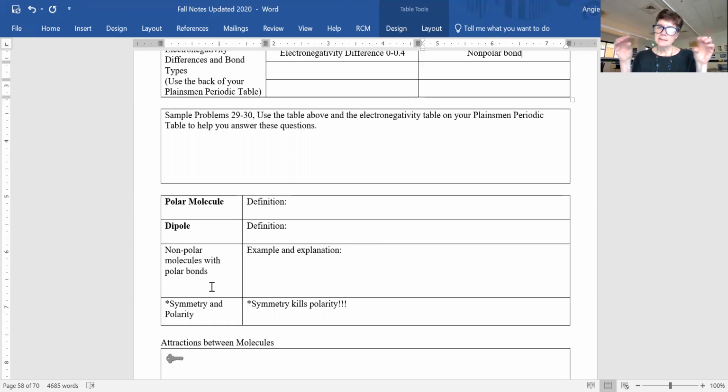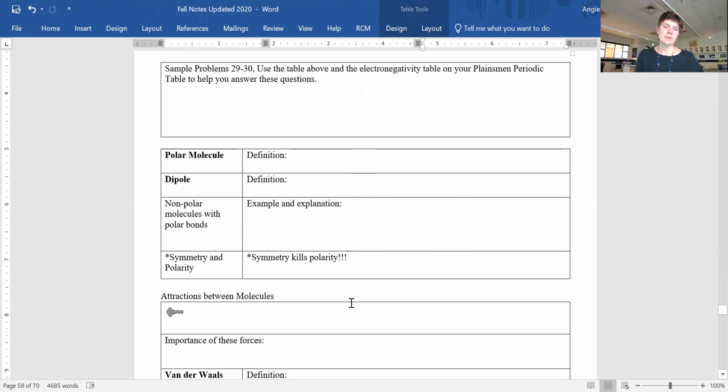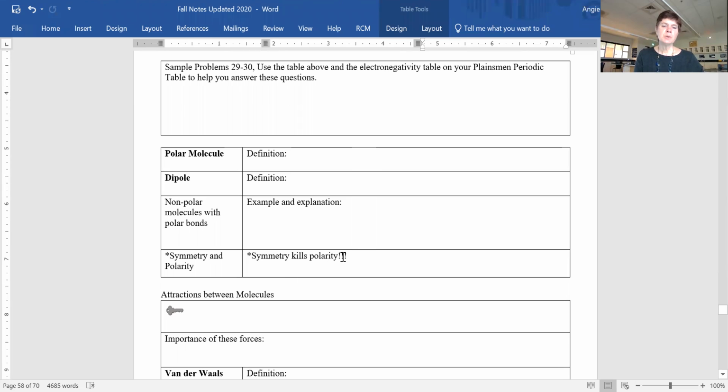But because it's a linear molecule and symmetrical with no lone pairs, the polarity is not expressed in the molecule. We don't have one side that's partial negative and one side that's partial positive. And the reason for that is what I have on the screen here. That symmetry kills the polarity of bonds.